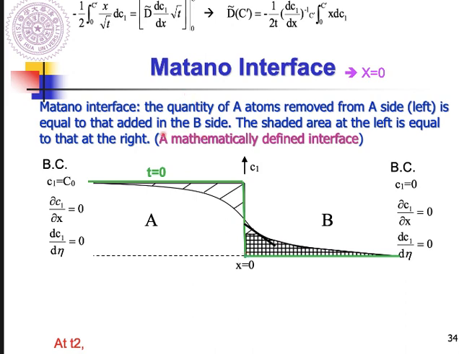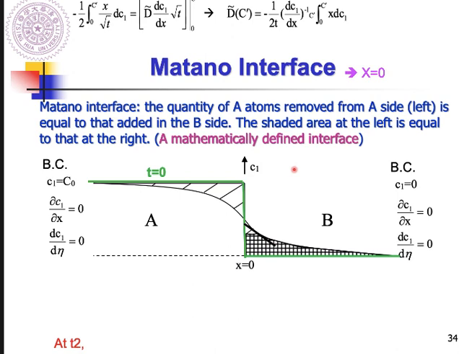Based on this description, the area of this shaded area will be the same as this shaded area. So this plane is actually a mathematically defined interface. It's not an exact physical interface. You cannot visualize it, or use a marker to label it. It's just a mathematically defined interface.